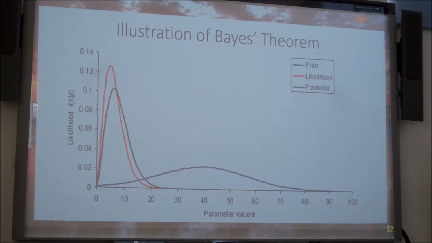So here's an illustration. Our prior is the blue curve, the likelihood is the red curve, and the posterior is the black curve. The prior is quite vague, it's not telling us that much about the true value of theta. And the data has a very well-defined peak around 5, as this is looking at how likely the data makes each value of theta.